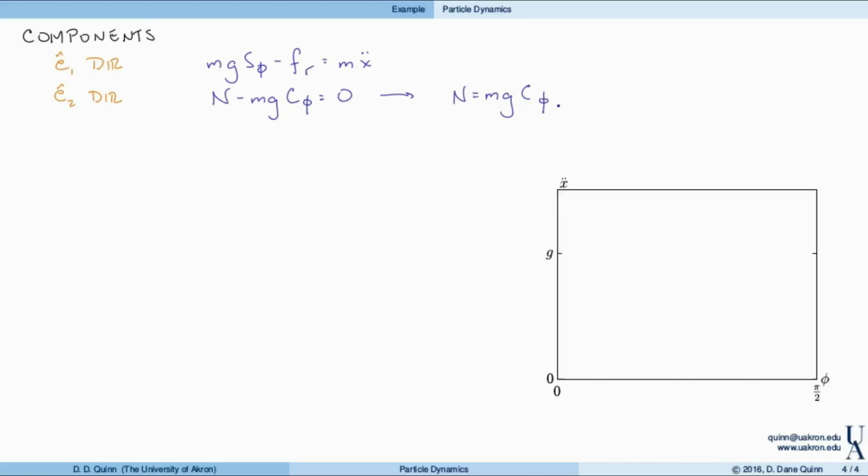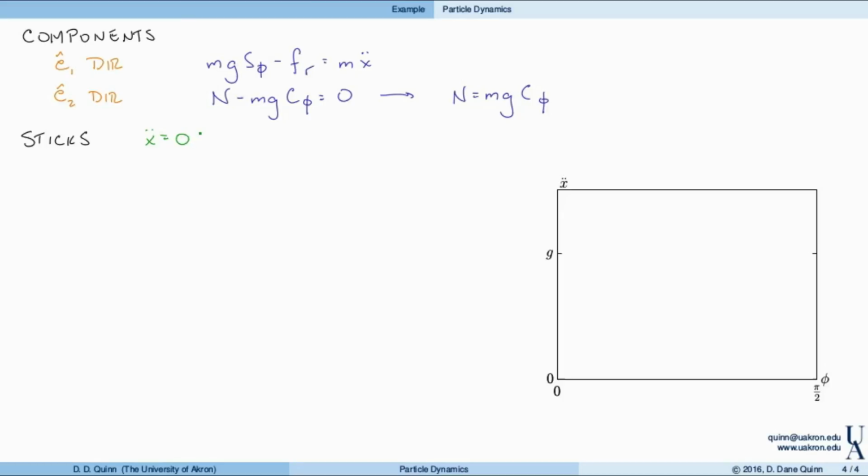And this is something that obviously came from our application of linear momentum balance. We didn't have to just sort of guess what the normal load is. We were able to solve for it. Now let's look at the two cases, stick versus slip. So if the block sticks, then x double dot is equal to 0. That's what it means to be stuck.